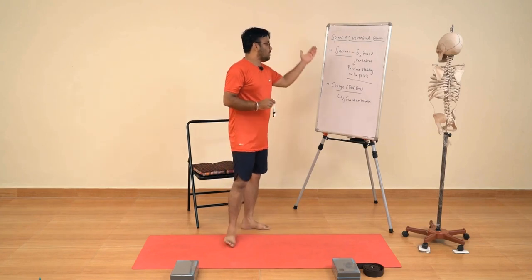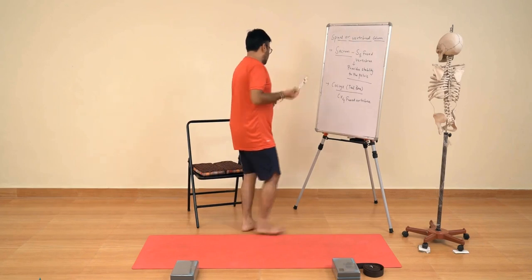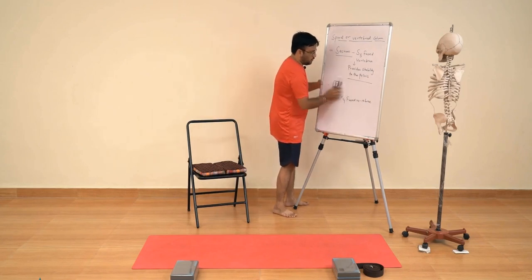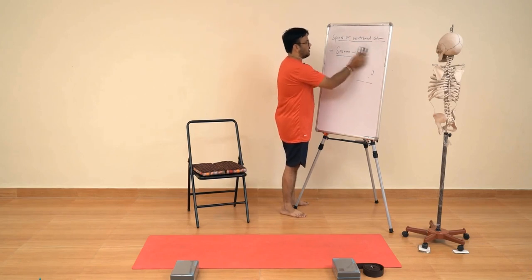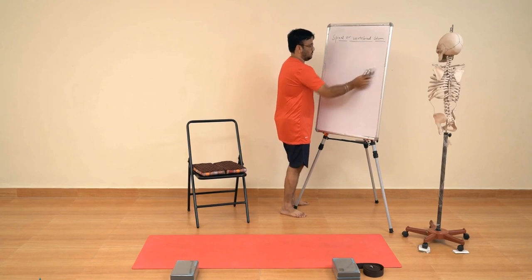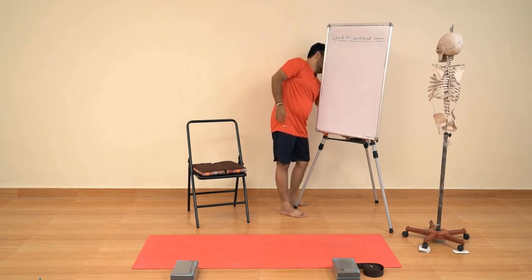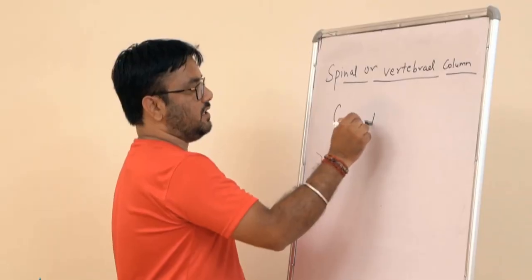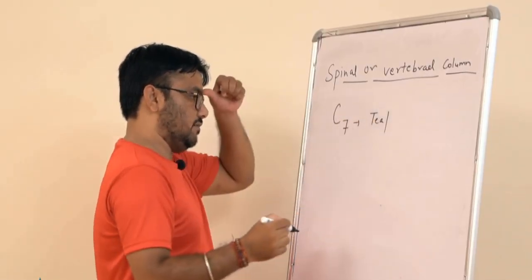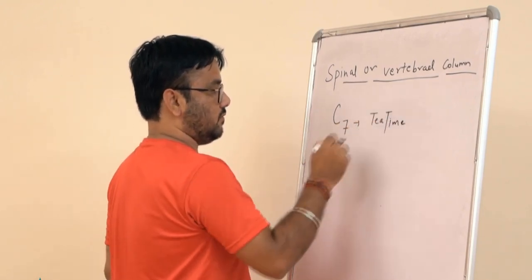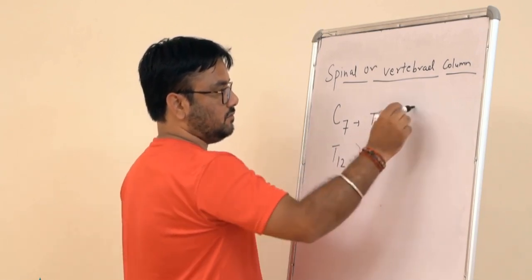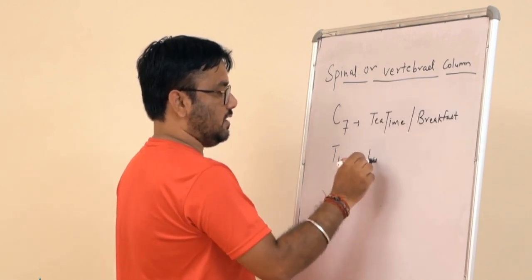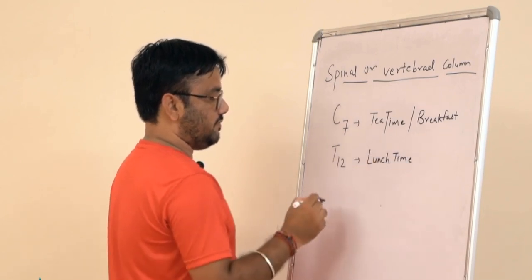So this is what we have discussed about the whole spinal column, from cervical to the coccyx. Let's go through it quickly. Cervical 7, that is your tea time. Thoracic 12, lunchtime, just to remember easily.